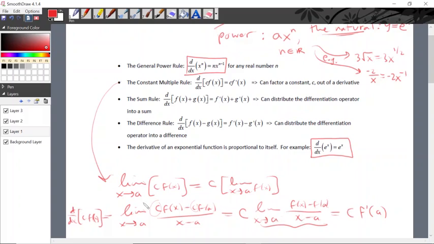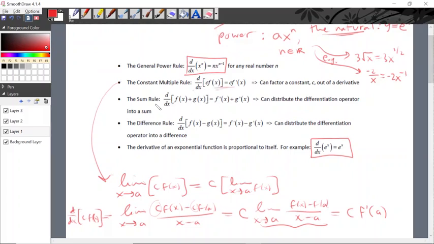Same thing. Just demonstrating here that this is a proof for why we can factor out any constant that is being multiplied by a function that we're going to be differentiating.